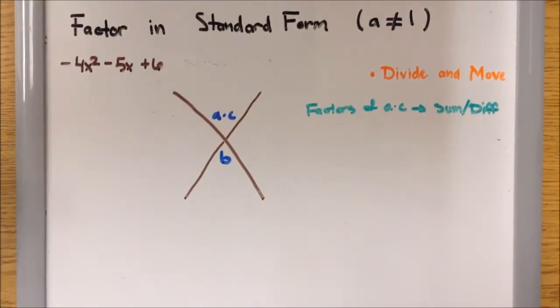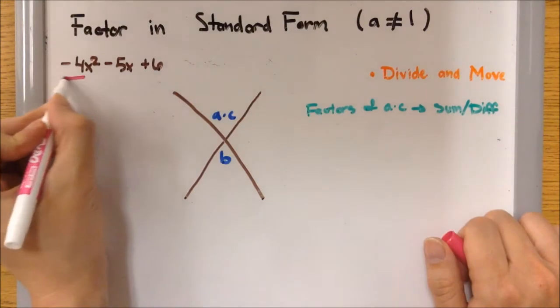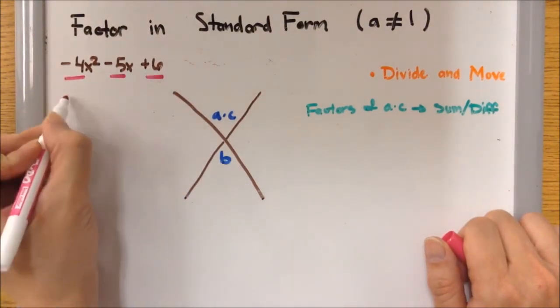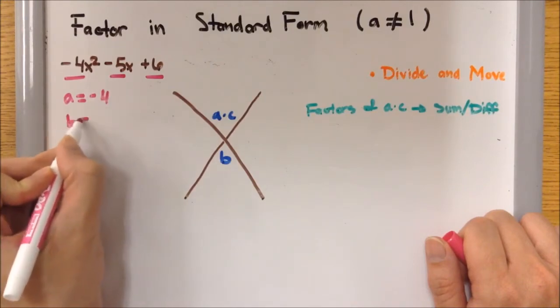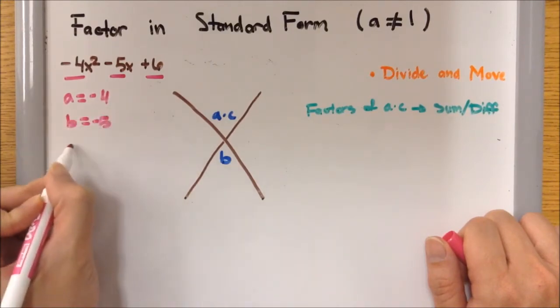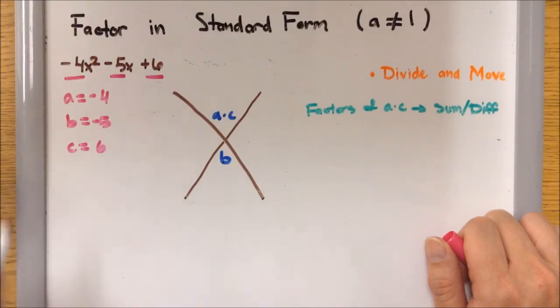In our second example, we have negative 4x squared minus 5x plus 6. So let's identify our ABC values. A is negative 4, B is negative 5, and C is positive 6.